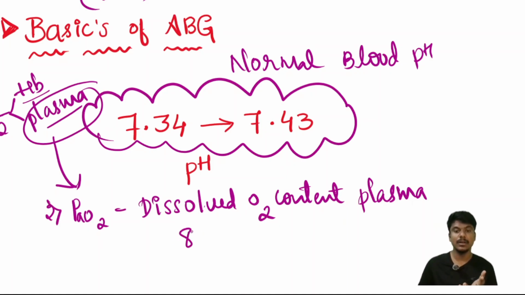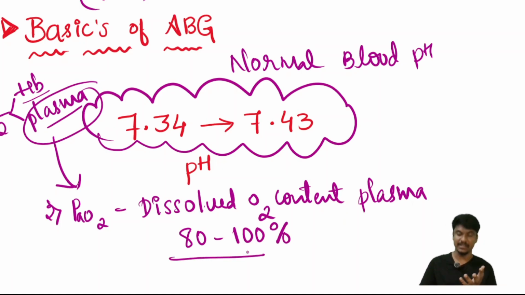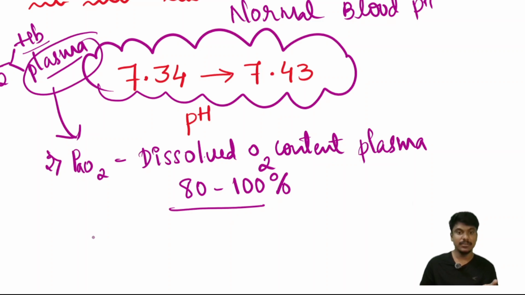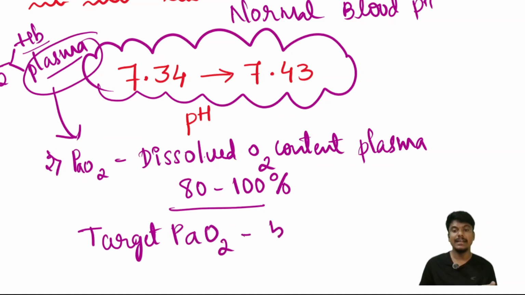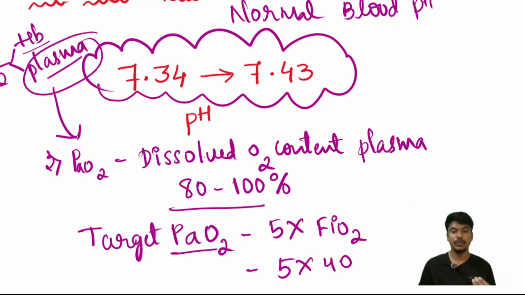This should be normal around 80 to 100. If the patient is intubated on a ventilator, the target PO2 level will be five times the FiO2. For example, if they kept the FiO2 at 40, your targeted PO2 will be 200.